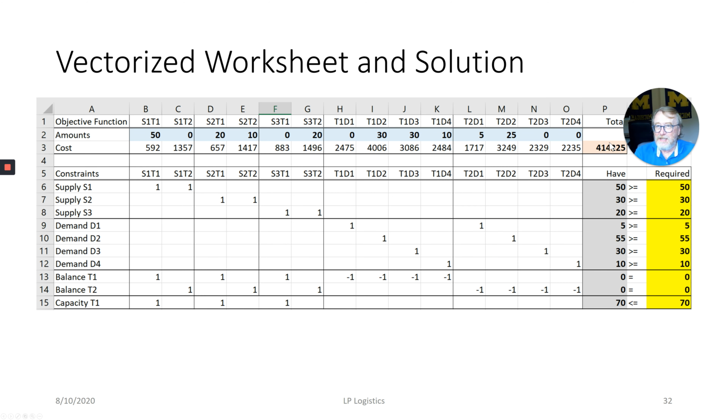All right, and here's the vectorized version, or I like to call it the normalized form. And so we have the supply constraints. Okay, just stretched out once again. This is Busan to Long Beach, Busan to Houston. This one is Shanghai to Long Beach, Shanghai to Houston. How much goes there? The third one is Singapore to Long Beach, Singapore to Houston.